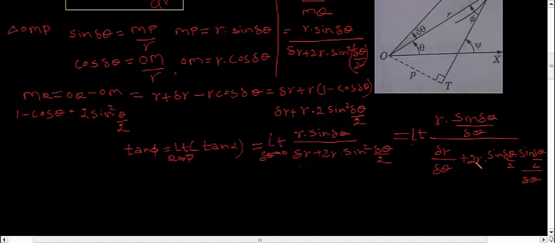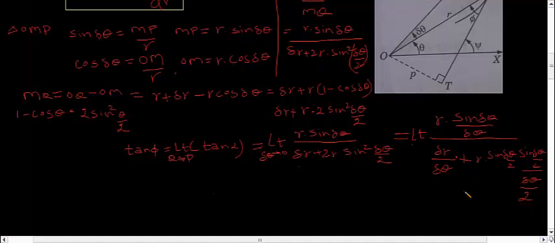We can bring this 2 here. It is nothing but delta r by delta theta plus r into sine delta theta by 2 into sine delta theta by 2 divided by delta theta by 2.